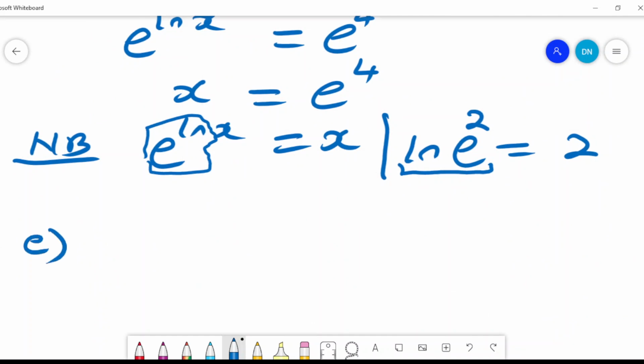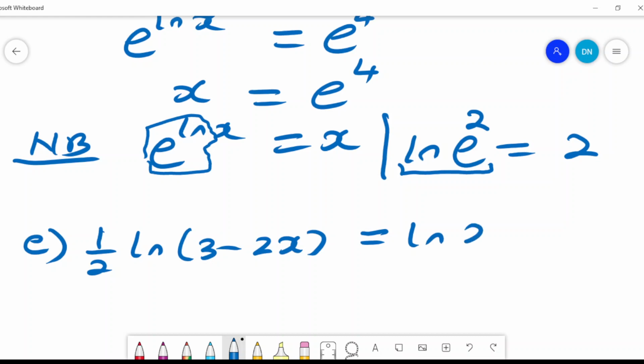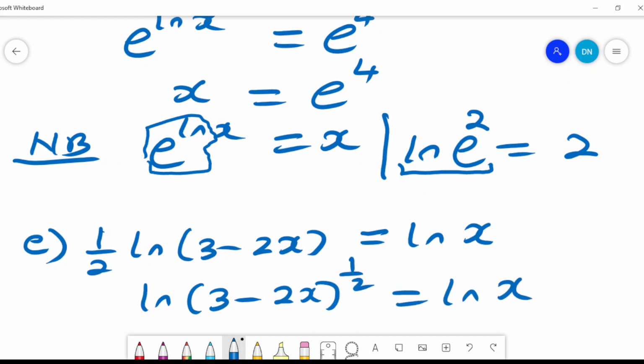Another example we can think about is with the natural logarithm: a half ln of 3 minus 2x is equal to ln of x. So this one I can write as ln of 3 minus 2x raised to power a half is equal to ln of x.